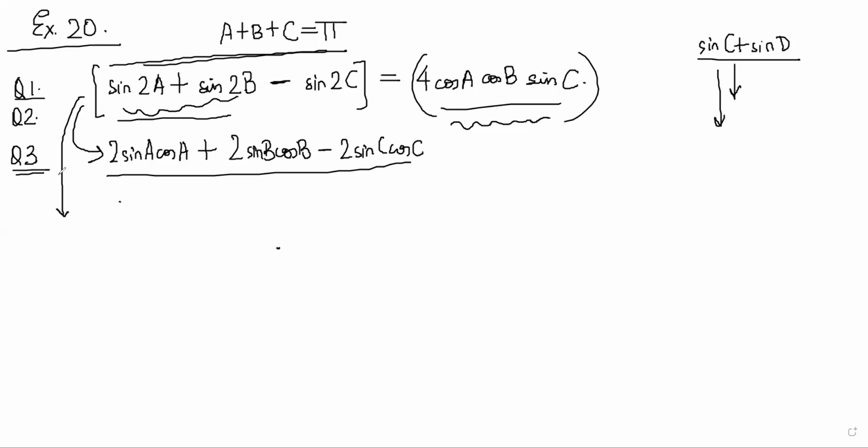I don't know what you're saying now. You are taking 2a as a and then doing what to it? Let's say 2a is x and 2b is y and 2c is z. Now what will you do to this?